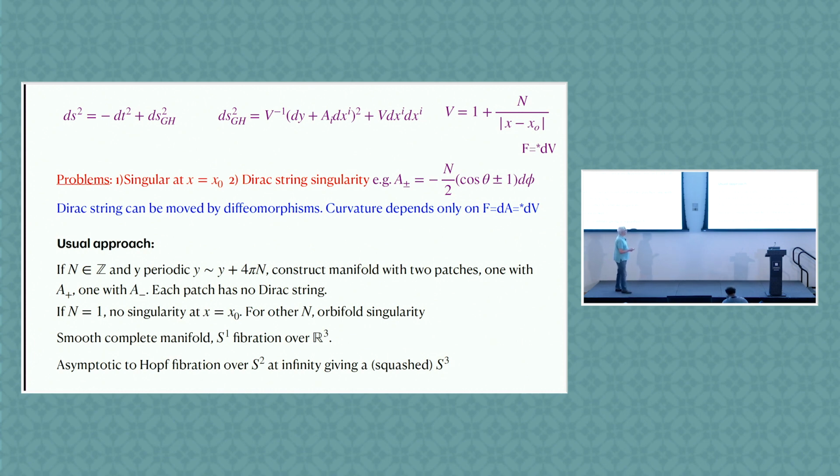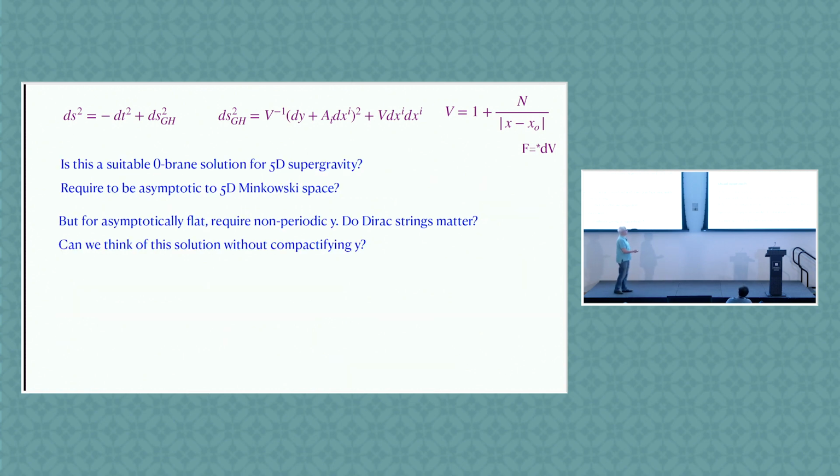Moreover, the singularity at x equals x0 is absent if n equals 1. For higher n, there's a relatively innocent orbifold singularity. So for n equals 1, we get a smooth, complete manifold, which is a circle fibration over R3, the self-dual Taub-NUT, which is asymptotic to a Hopf fibration over S2, so at infinity you get a squashed 3-sphere.